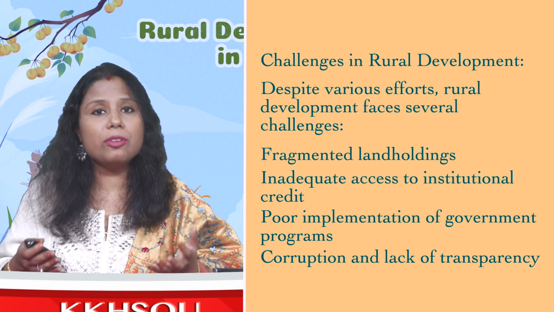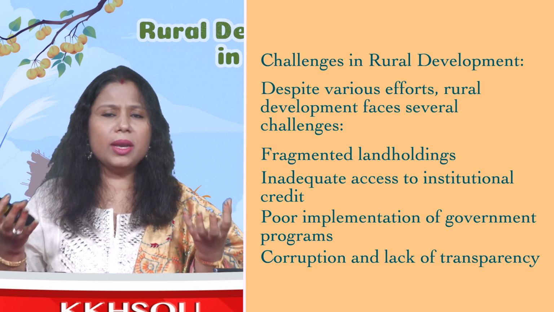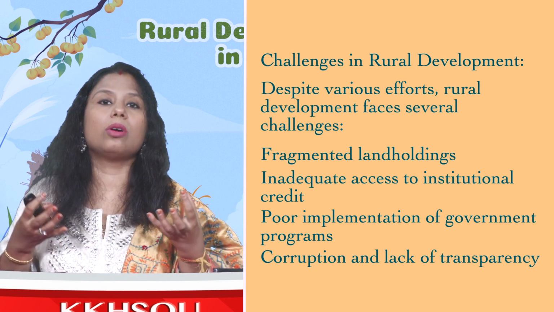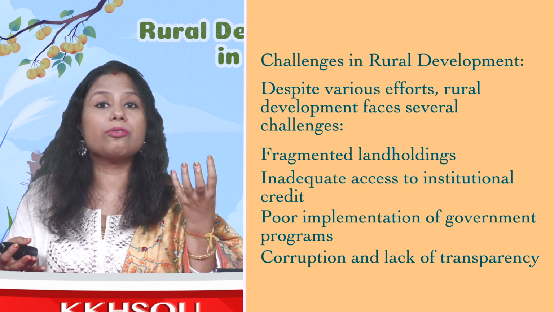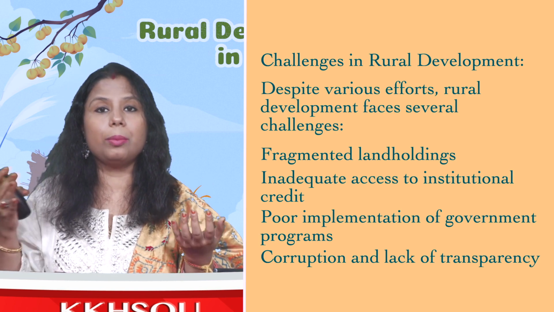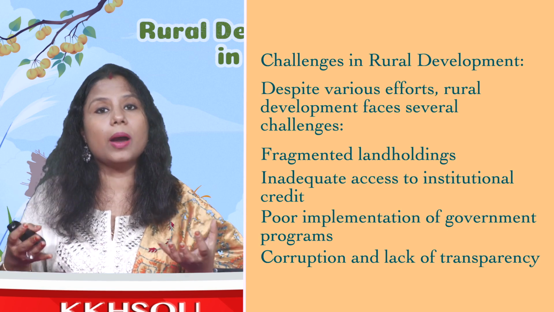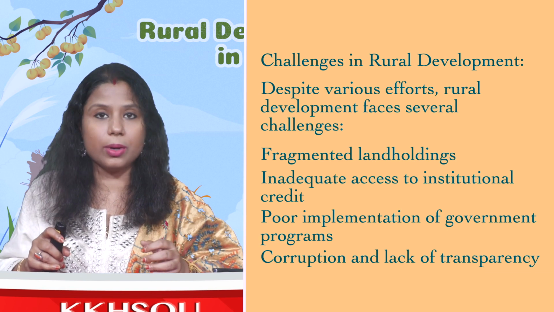People are not benefited from these programs, or studies have shown that in many areas the benefits go to the hands of a few, while many people, particularly those belonging to the marginalized sections of society, are still deprived of the benefits of these rural development policies and programs.